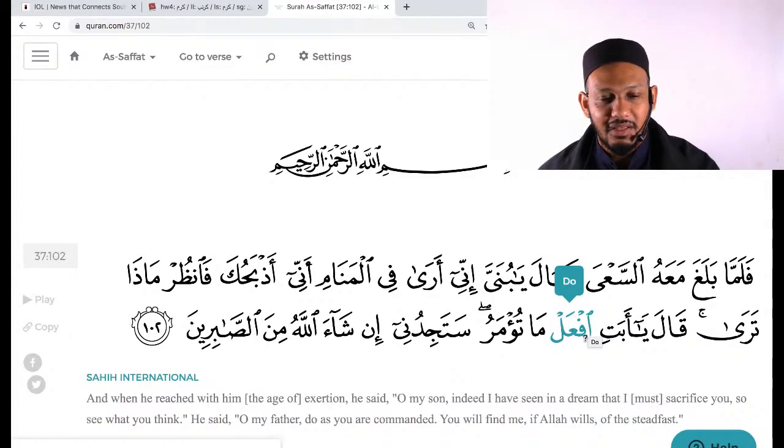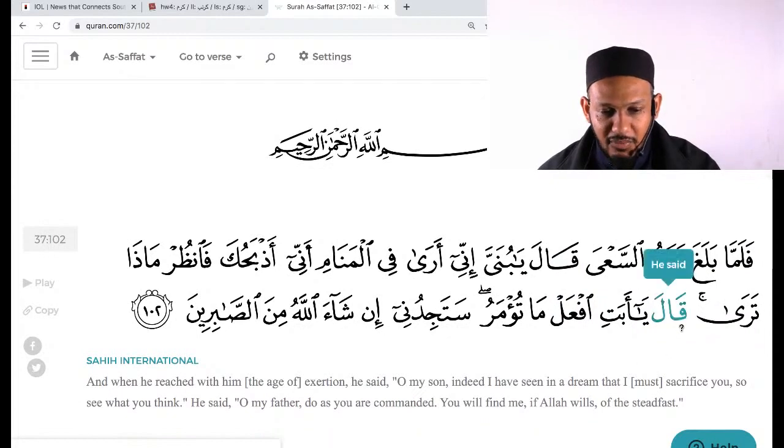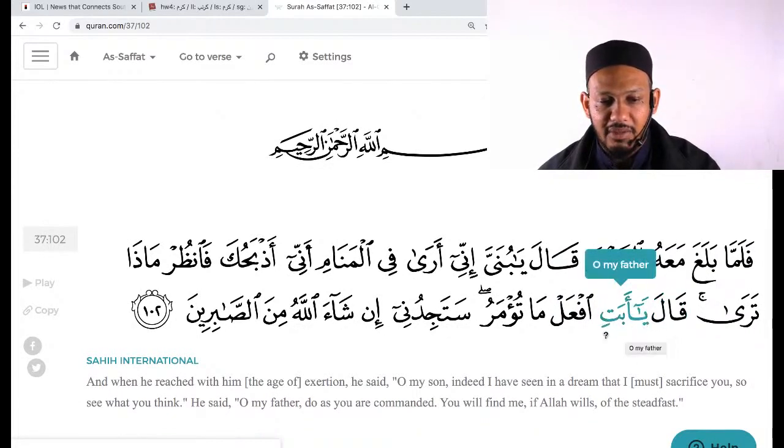That's like a weird thing. But the curly thing on top of that alif means it's a hamza with nothing on. You with me? It's not a normal one. So just differentiate. So how will I read this? Qala ya abati. If I'm reading through, I will say Qala ya abati f'al ma tu'mar.